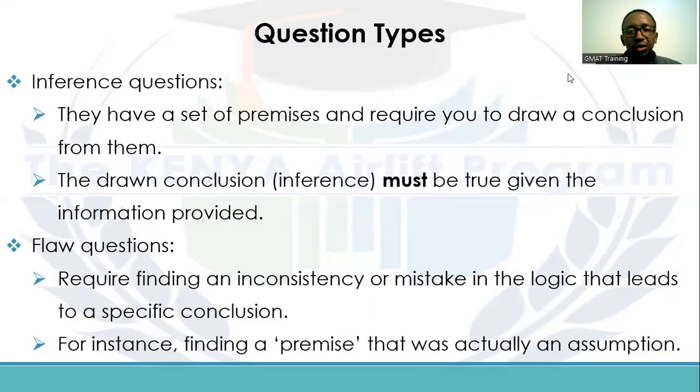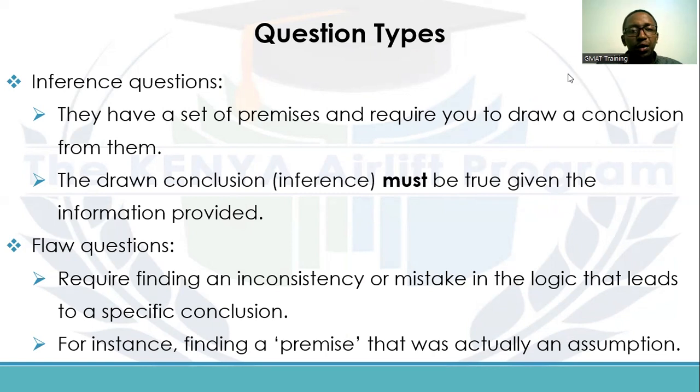On to our next question, inference questions. So remember, the stimulus usually has premise, logic, and conclusion. So in inference questions, they omit the conclusion. So you have a set of premises, and then you're supposed to figure out a conclusion. So how do you figure out a conclusion?